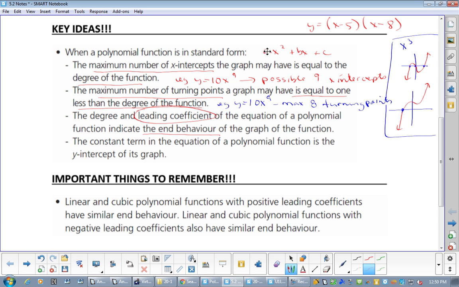If it's negative or positive. So by leading coefficient, we're actually talking about positive or negative. Because if it's positive, it would start here and here, but if it's negative, it would start here and here. And then the degree is a big deal as well. So degree and leading coefficient.